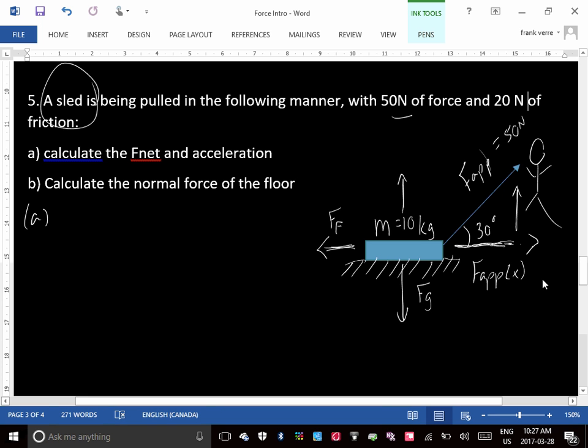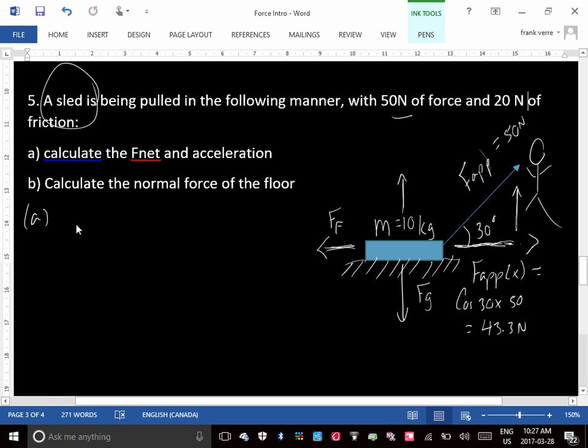Right, so it would be cosine 30 times 50, which I believe is close to 43. Can you double check? Is it exactly 43.3? Okay, so we have now the applied force horizontally.